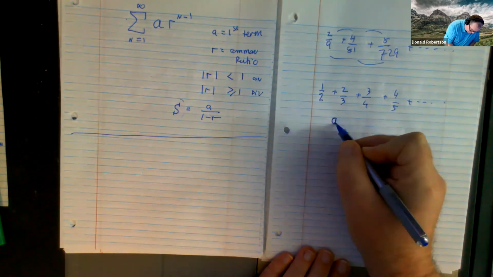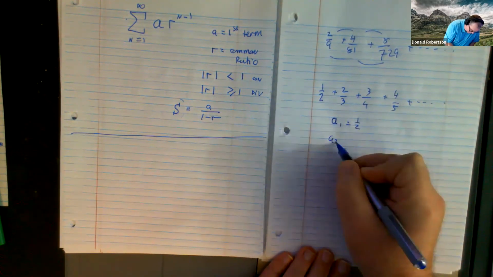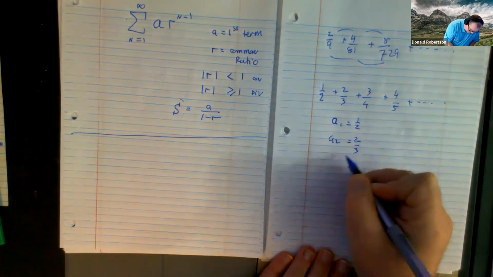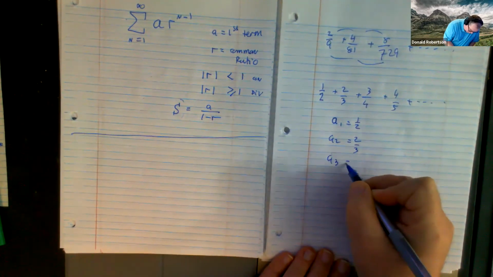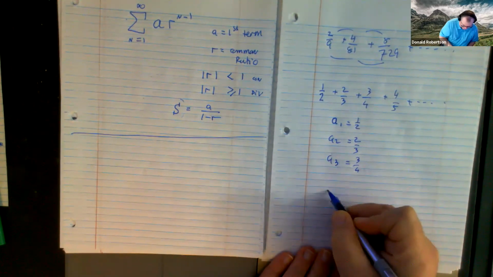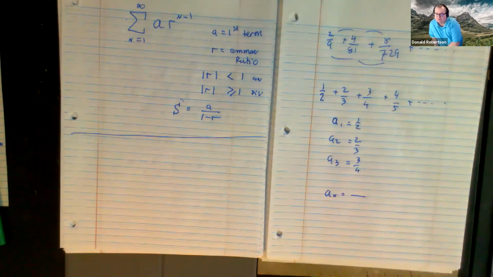A1 is a half, A2 is 2/3, A3 is 3/4. What would the general term AN be? So we're trying to create a formula for the nth term here. That's how I would approach this question.